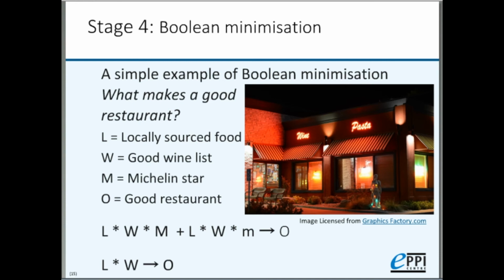So moving on to stage 4 and Boolean minimisation, we're going to step outside of our worked example just to use a hypothetical example here. Our configural question here is, what are the key elements that make a good restaurant? And we hypothesized that one element might be having locally sourced food, another would be having a good wine list, a third element might be having a Michelin-starred restaurant, and our outcome therefore would be whether it's a good restaurant or not.